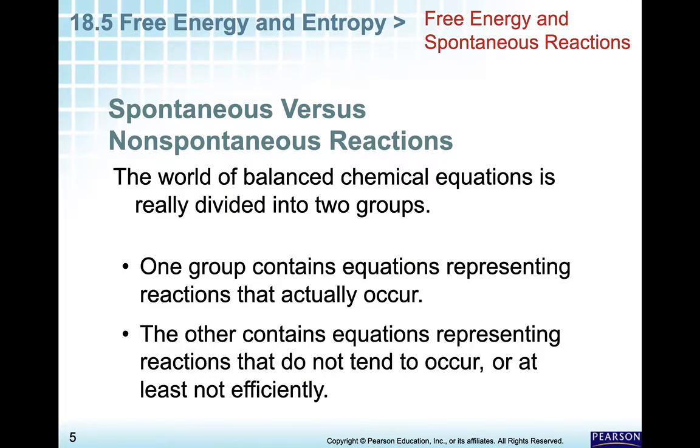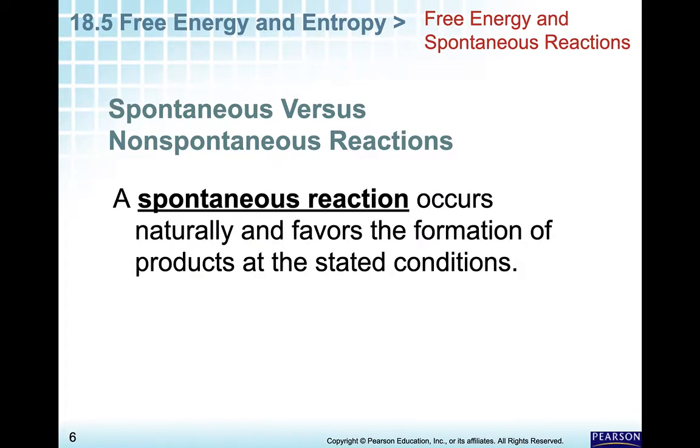So all the balanced chemical equations that we could write, we'd divide into two groups. We'd have the spontaneous reactions, the ones that naturally occur without our help, they happen, and the other half, non-spontaneous reactions, the ones that either don't occur or don't occur efficiently or don't occur at our conditions, ones that you would have to force to react.